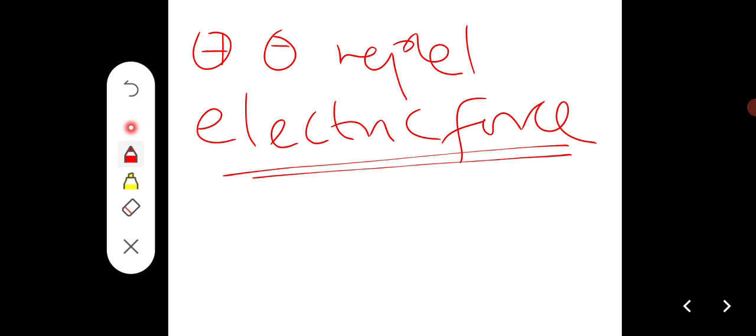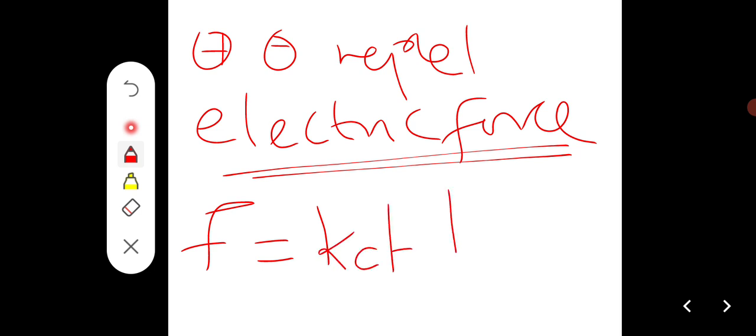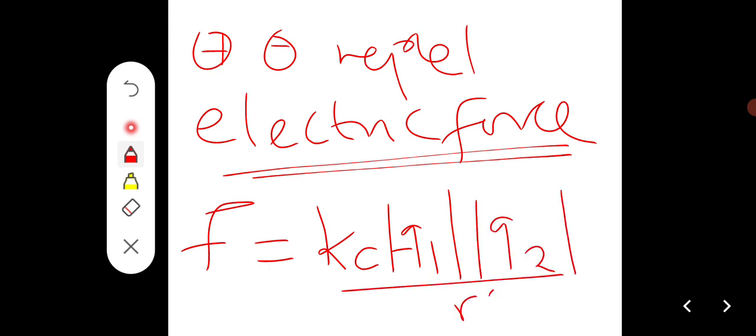This force is described in Coulomb's law, which states that the electric force is the magnitude of Coulomb's constant multiplied by the modulus of charge 1, modulus of charge 2, divided by the radius squared, or the distance separating the two charges.